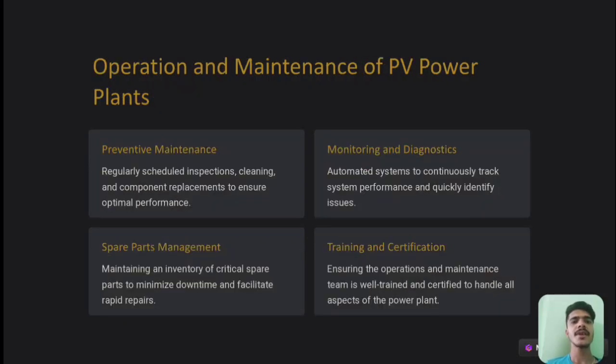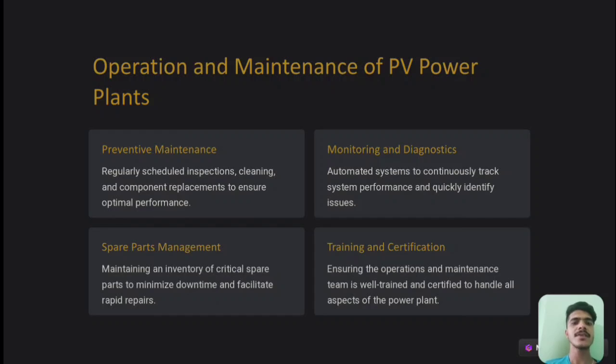Next, operation and maintenance of PV power plants. Preventive maintenance: regularly scheduled inspection, cleaning and component replacement to ensure optimal performance. Monitoring and diagnosis: automated systems to continuously track the system performance and quickly identify issues.